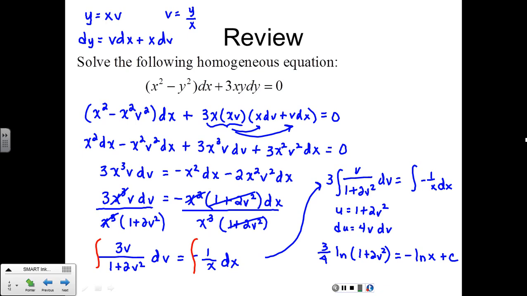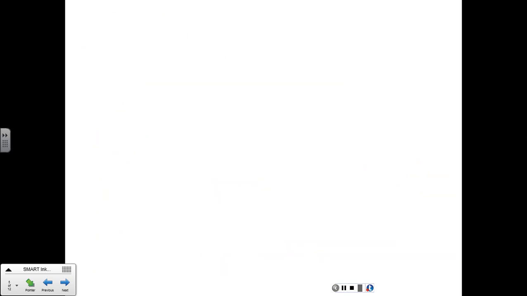Okay. Next page. Let me rewrite this. What was it? 1 plus 2v squared? Any suggestions?